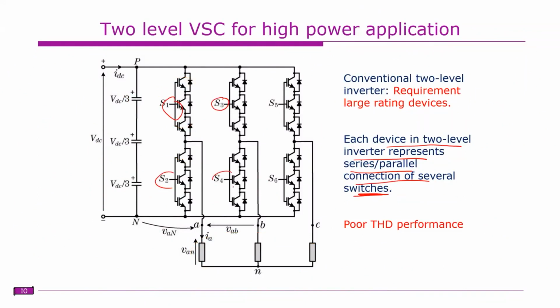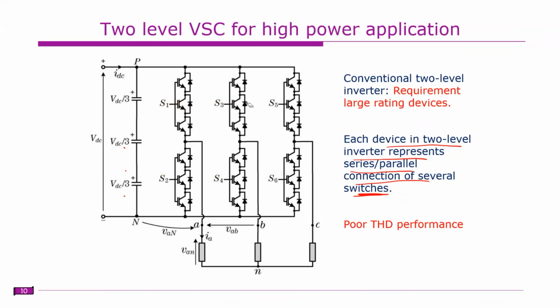The DC filtering capacitors are also increased by connecting several capacitors in series. This is VDC, so this can be VDC by 3, VDC by 3, VDC by 3, likewise.